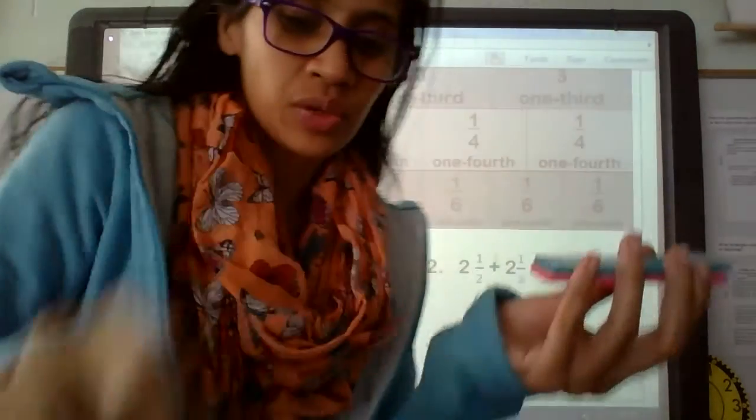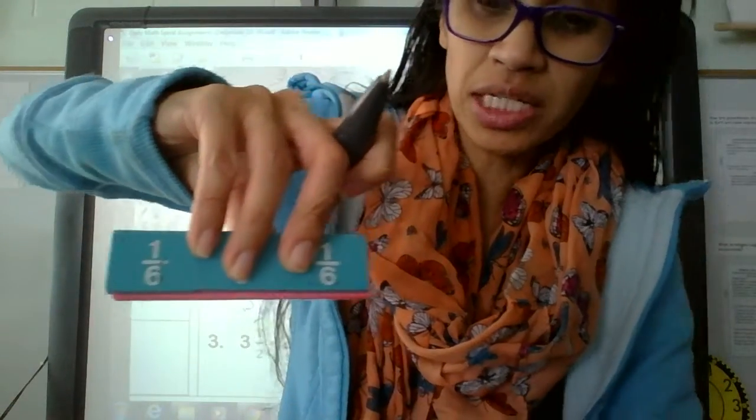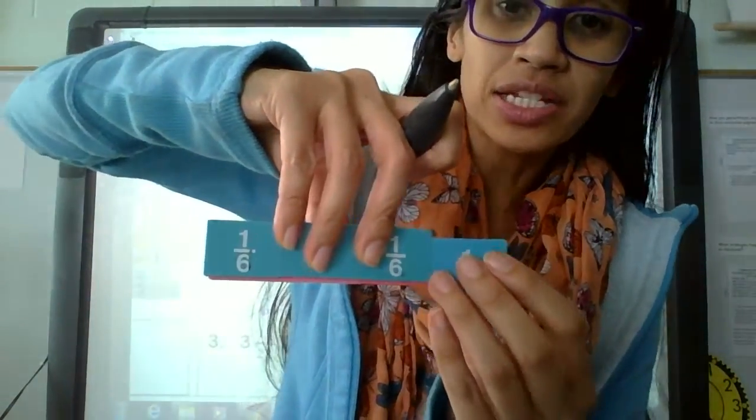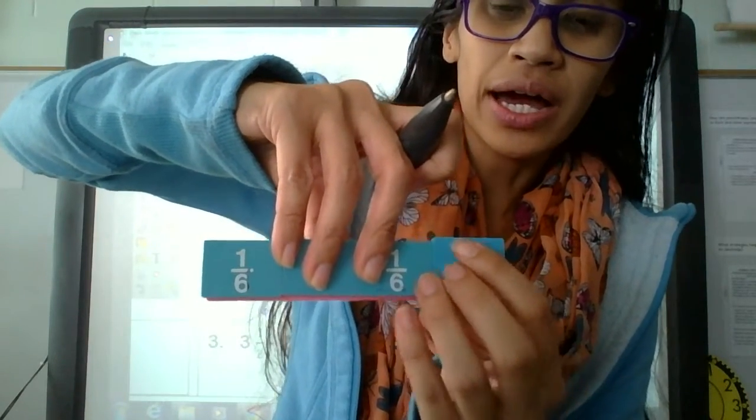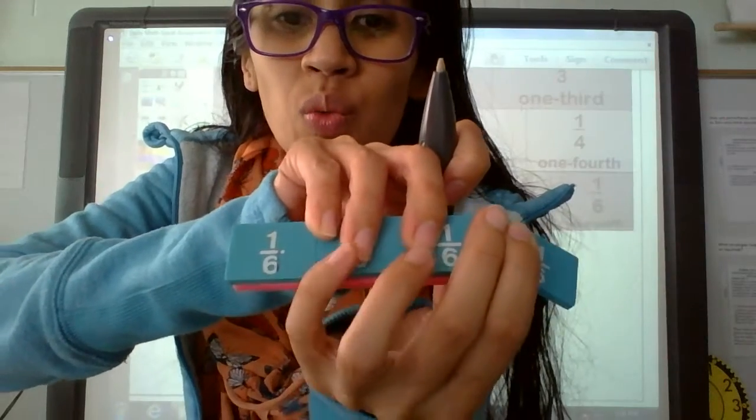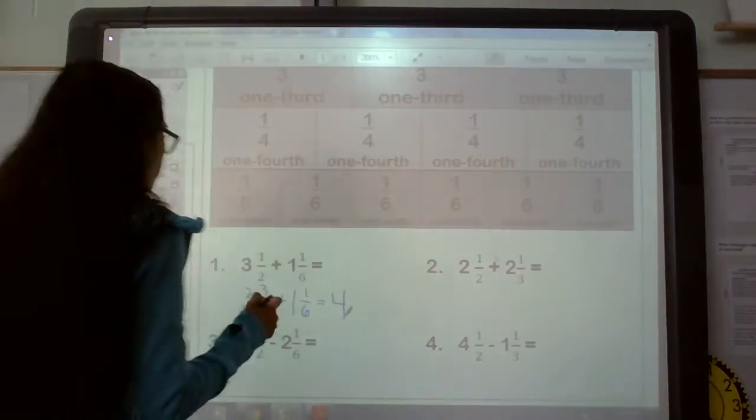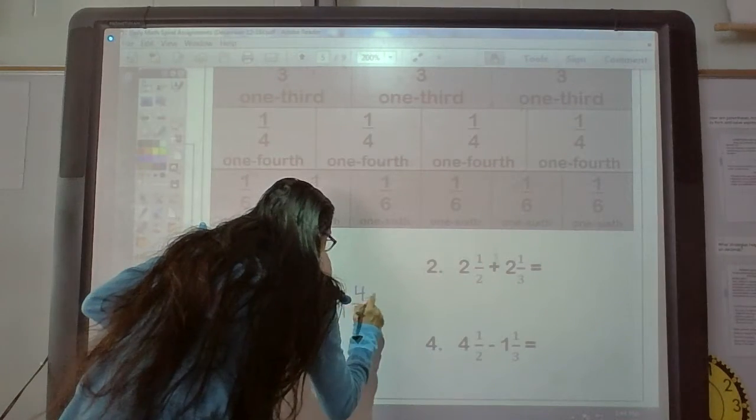All right, you know what? There's a 3/6 plus the 1/6 is what? Can you see it? I know my fingers are blocking it. 1, 2, 3, 4/6. Write that down. 4 and 4/6.